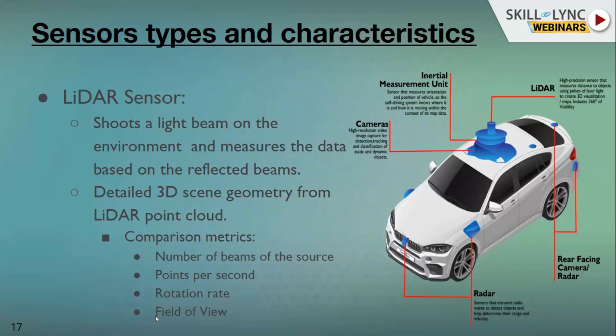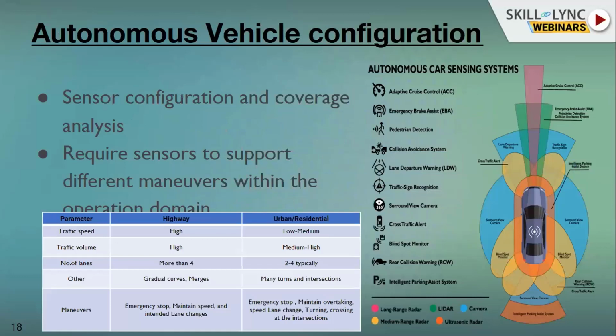Okay. Coming to the next slide, it is the autonomous vehicle configuration. As already explained, we have the different sensors. In order to achieve our goal, what kind of sensors are needed and how to configure them in a vehicle. So for sensor configuration coverage analysis, we need to cover and require sensors to support different maneuvers within the operation domain. If you see in this table, the parameters, I listed two scenarios: highway driving and urban and residential scenarios.